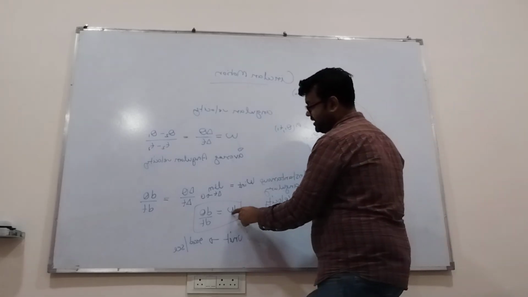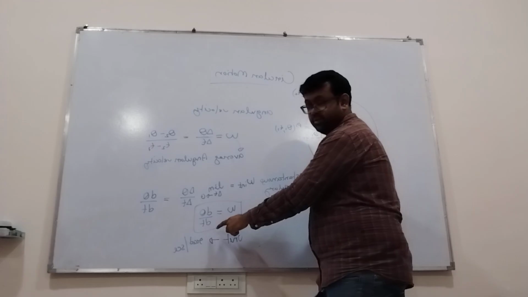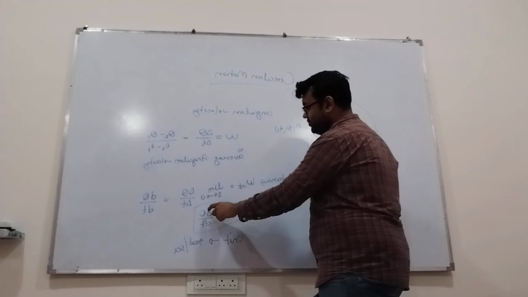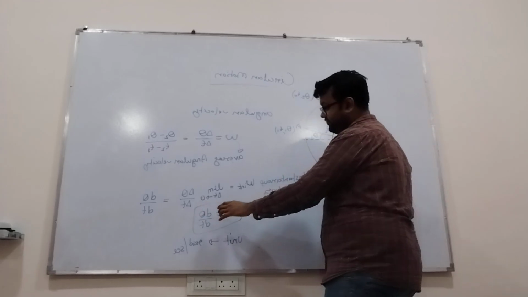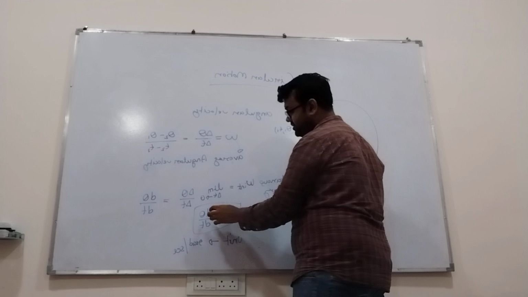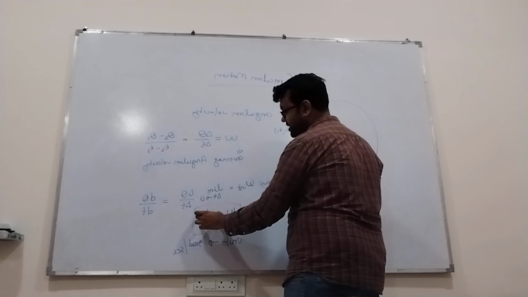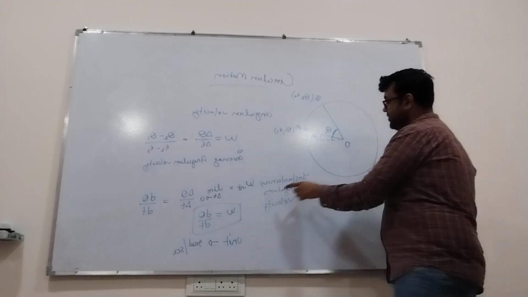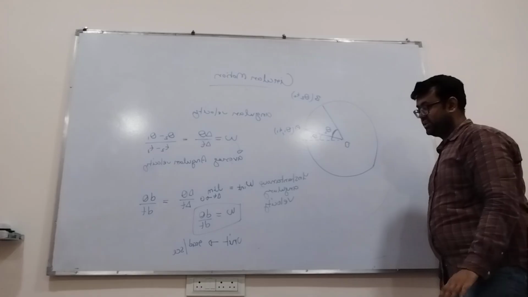You can also see here omega is d theta upon dt, so the direction of theta will be nothing but the direction of the angular velocity.